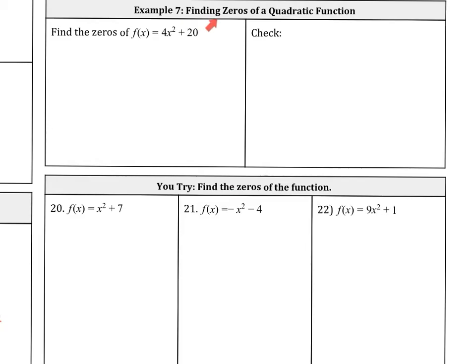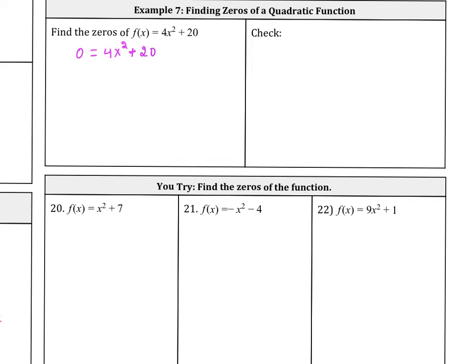For example number 7, you're going to find the x value. It means the same thing as finding the zeros of the equation. So we're going to find the zeros, or x values, of f(x) equals 4x squared plus 20. Now to find the zero, we need to plug in 0 for f(x). So it's going to be 0 equals 4x squared plus 20. Now we're going to find out the x squared.